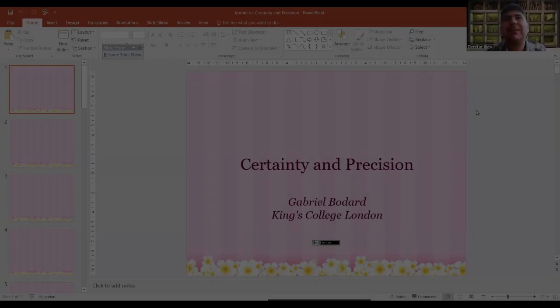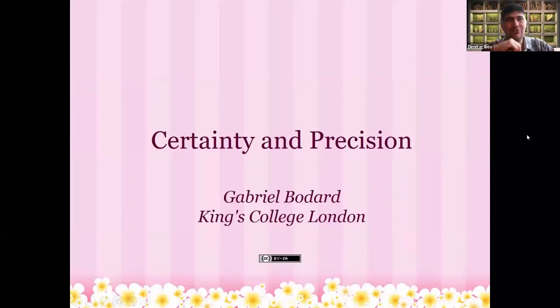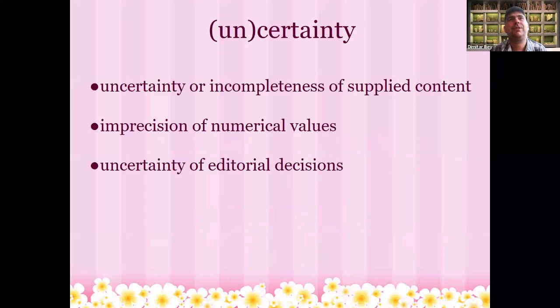So once and for all, to make things clear about when do we have to deal with certainty, when do we have to deal with precision, how to distinguish between both, and when exactly can we use it.